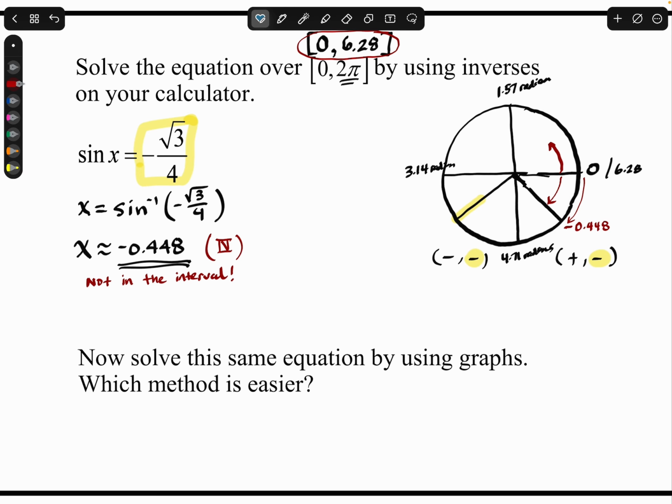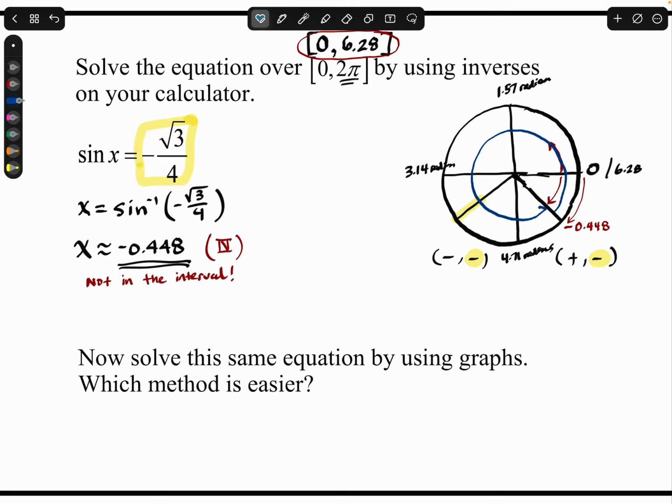So can we think about a way that we could come up with the positive one? When you think about our lesson yesterday, we talked about finding all of the solutions. Every time we go around the unit circle, if I went all the way around until I got back here, I'd be in the same position.